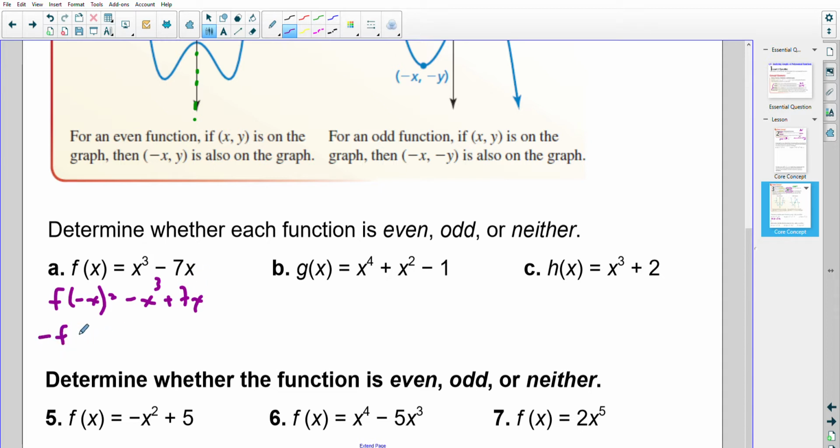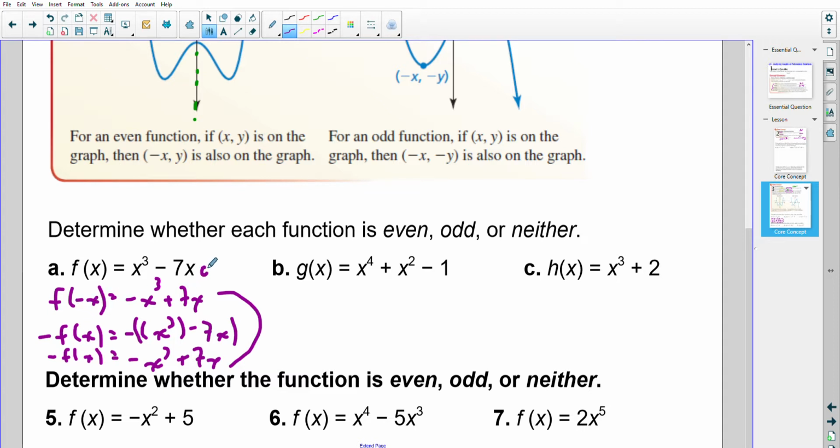Therefore, what I have to do is find out what negative f of x is, and that's a negative of my f of x. And so that's going to really be equal to negative x cubed plus 7x, which is the same thing as that one. So my negative f of x is equal to f of negative x. That means that this is going to be odd.